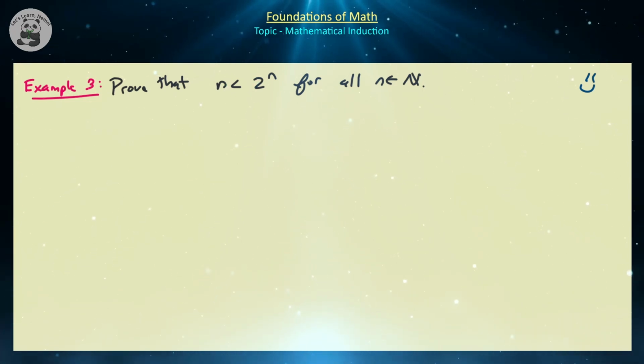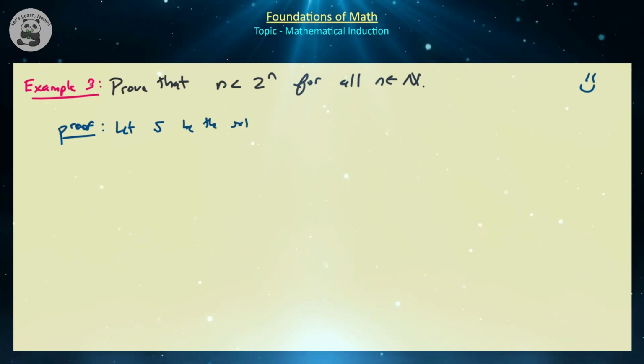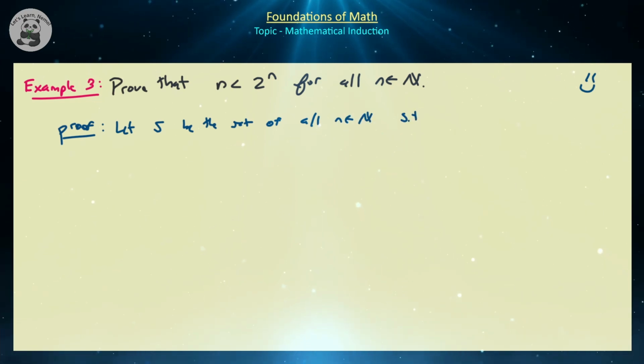And once we get to single variable calculus and the study of limits, this identity has actually become very, very useful there. So if you want to pause this video and try and prove this on your own, feel free to do so. So let's start off by formally defining our set. So let S be the set of all natural numbers n such that n is less than 2 to the power of n.